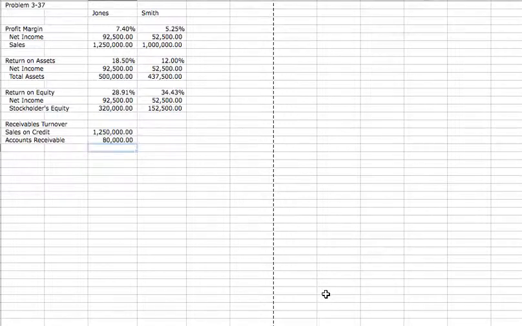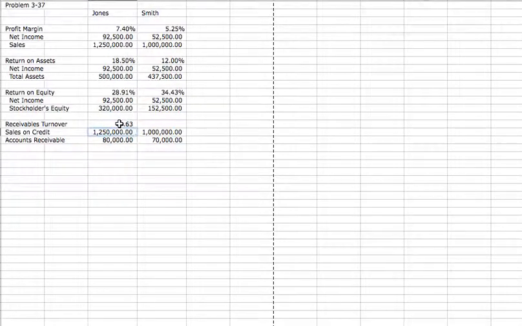Smith, sales, all on credit, $1 million. And accounts receivable, 70. So let's take a look at their receivables turnover, which is simply sales on credit divided by accounts receivable.